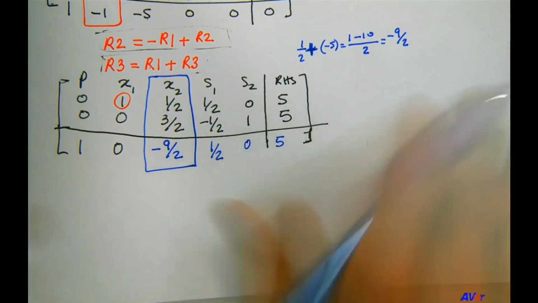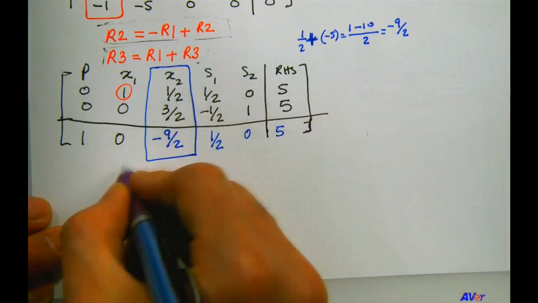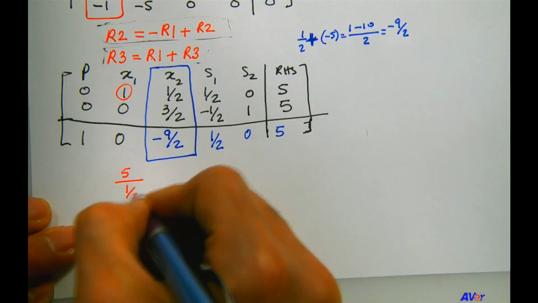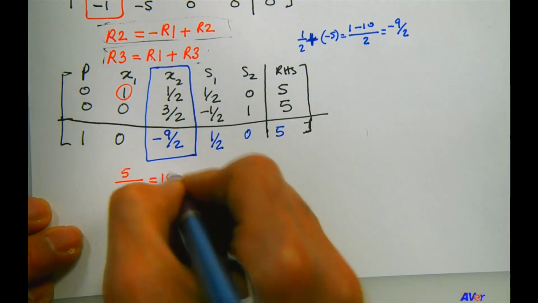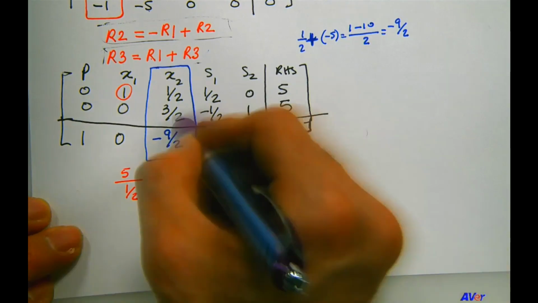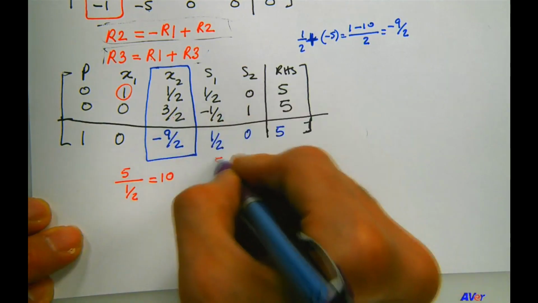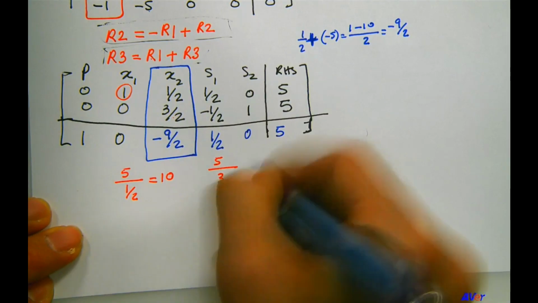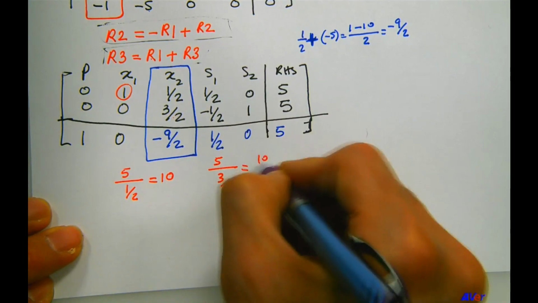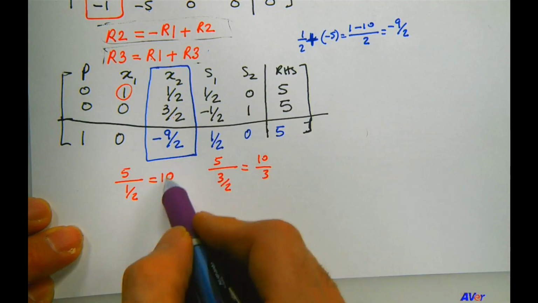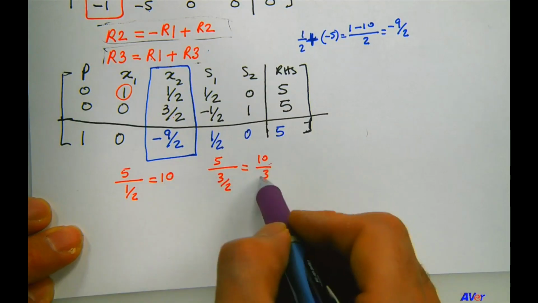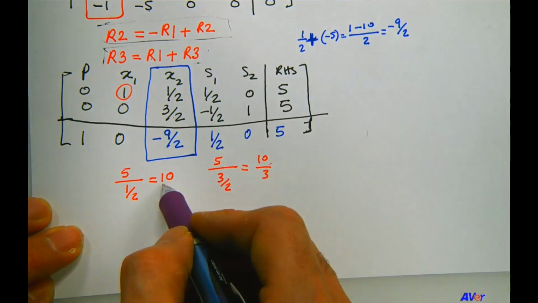Okay, so let's do that. So we have 5 divided by 1/2, that's 10, and 5 divided by 3/2. And that's going to be 10 over 3. And so 10 over 3 is the smaller ratio than 10, right?